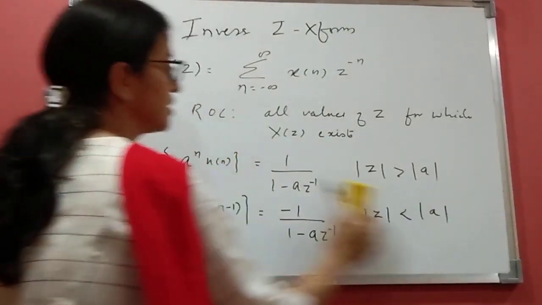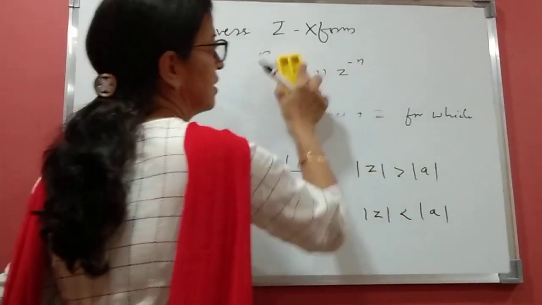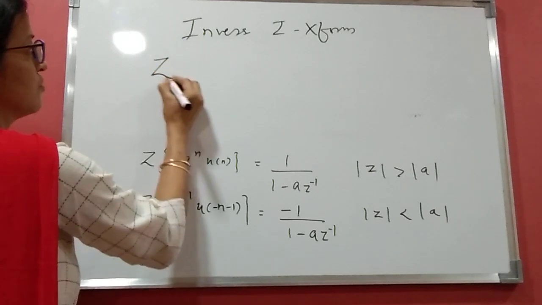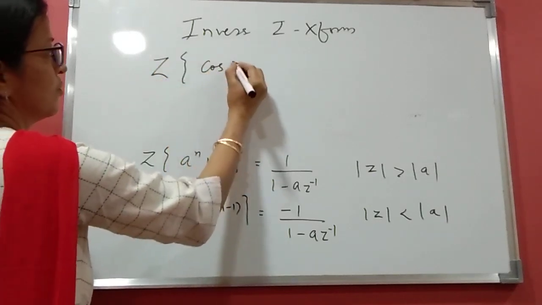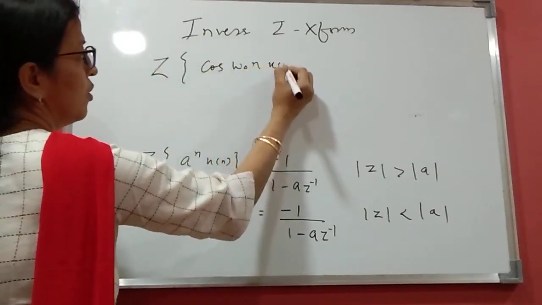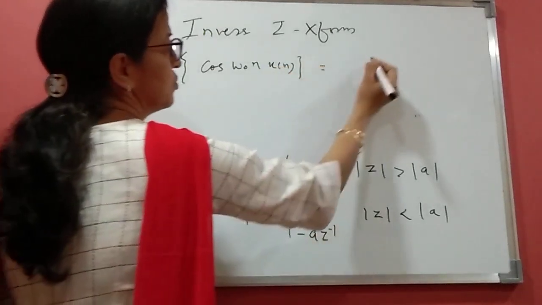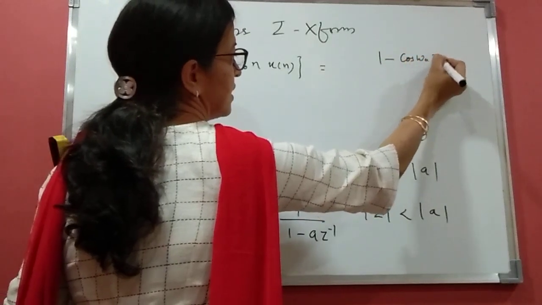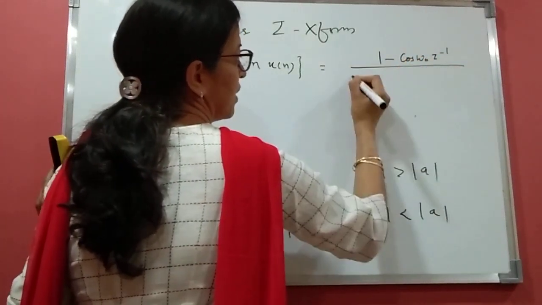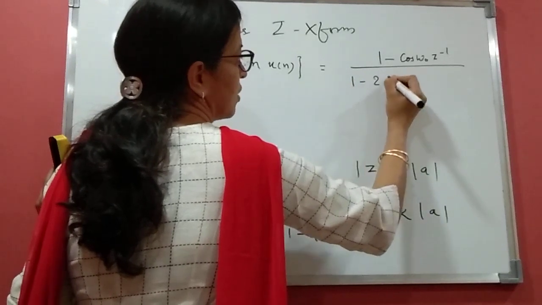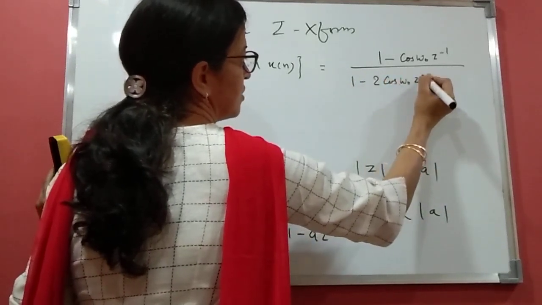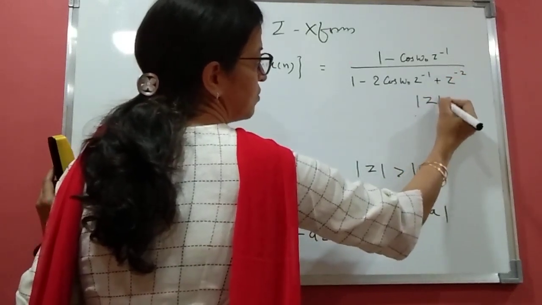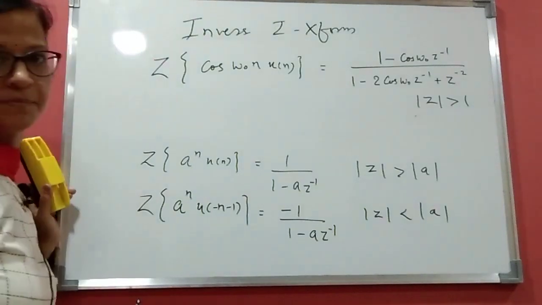For example, the next signal I can show you, already we have discussed also, Z transform of cos(omega naught n) u(n) is equal to 1 minus cos omega naught z raised to minus 1 upon 1 minus 2 cos omega naught z raised to minus 1 plus z raised to minus 2 with ROC mod z greater than 1.